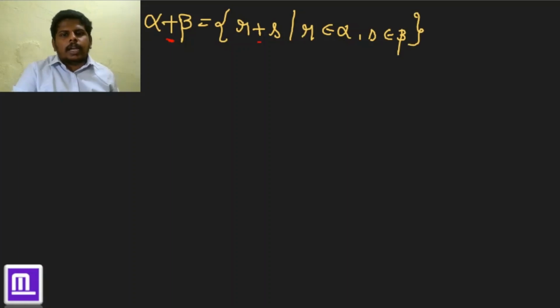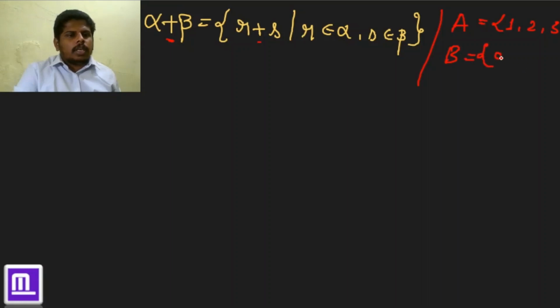So let us understand what this means. This is a set of all possible sums. For this I will give a different example. Say A is equal to {1, 2, 3}, B is equal to {a, b, c}. If our addition A plus B is defined like this, x plus y such that x belongs to A and y belongs to B, then what are the answers?